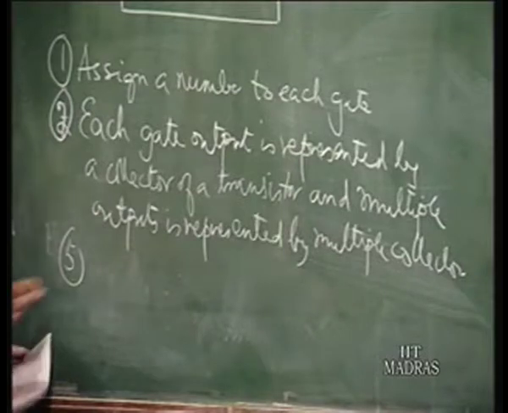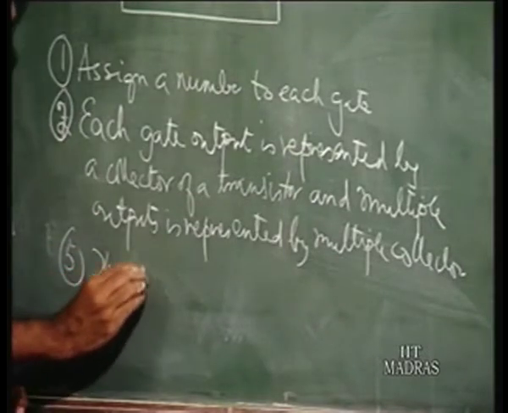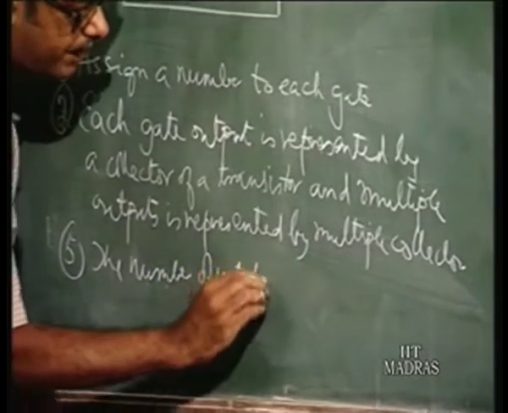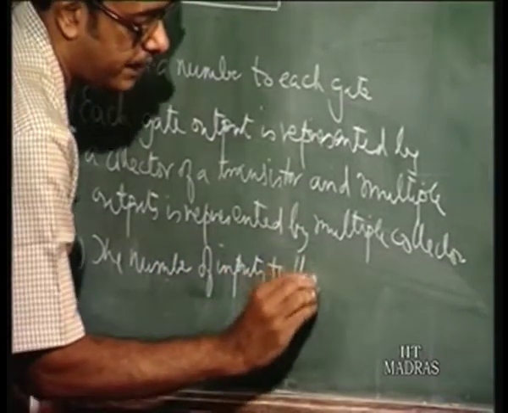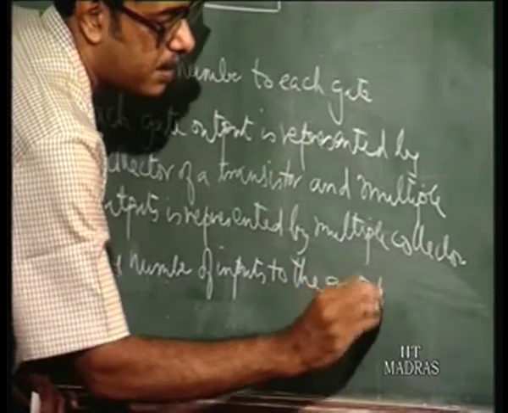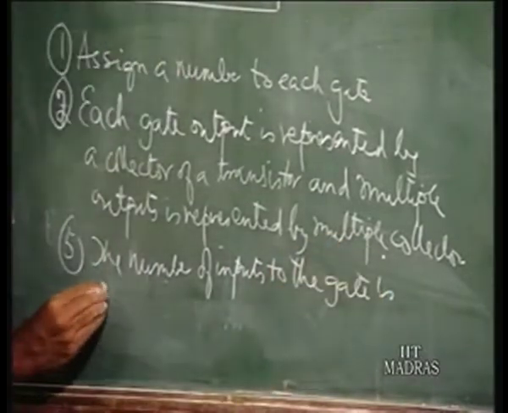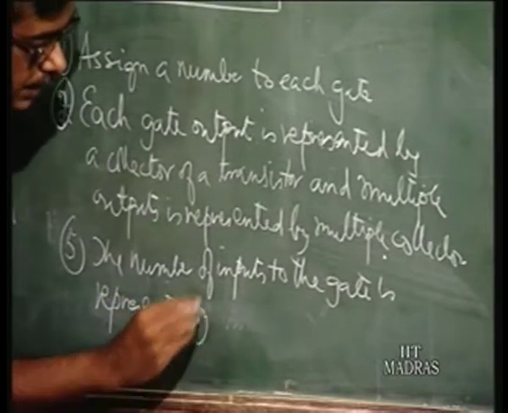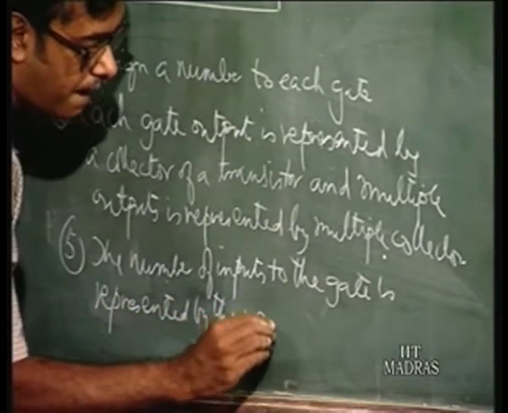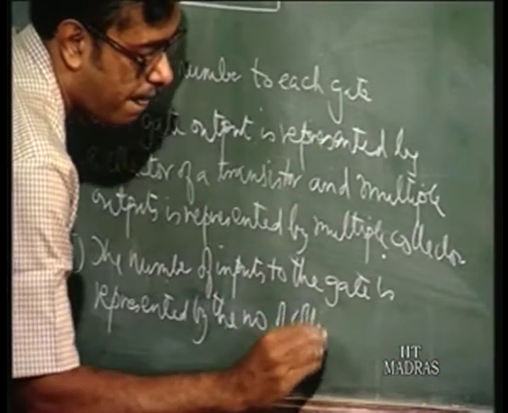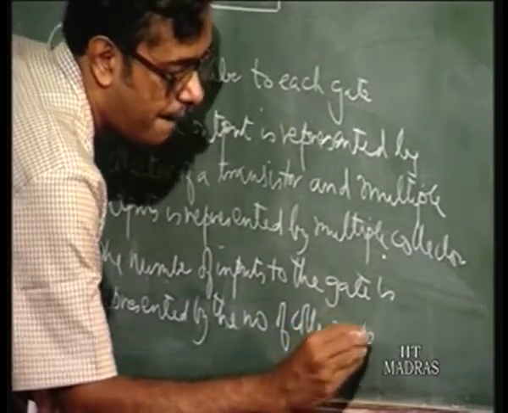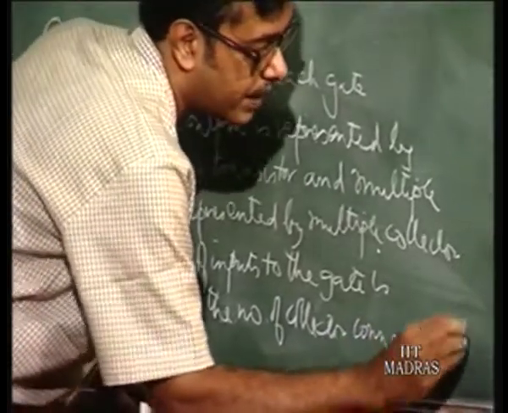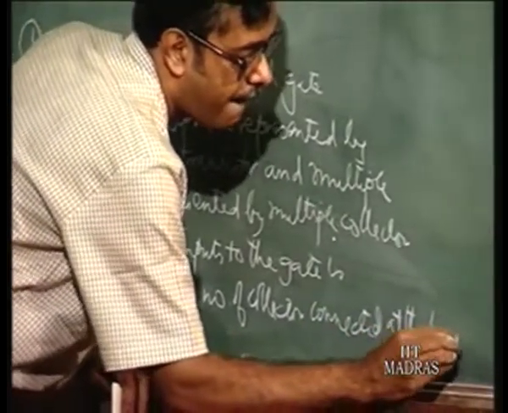And again the number of inputs to the gate is represented by the number of collectors connected at the base.